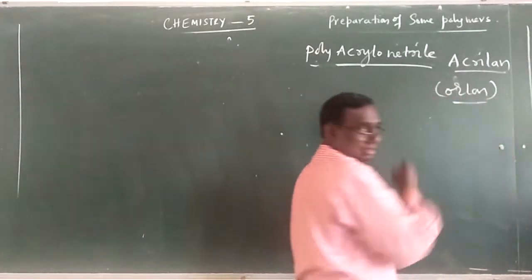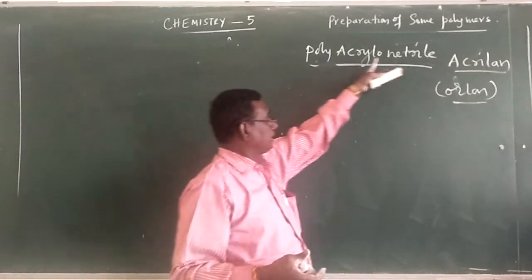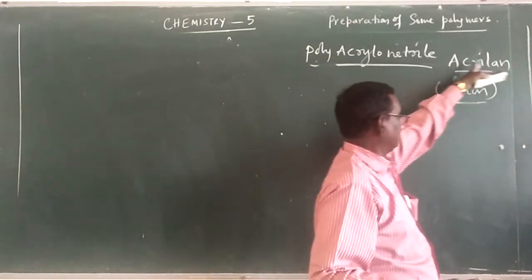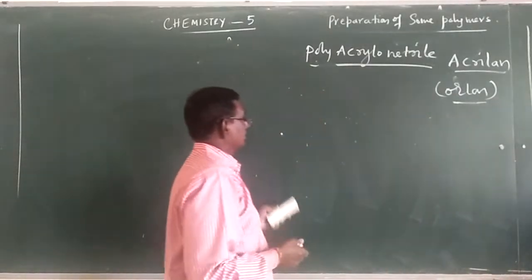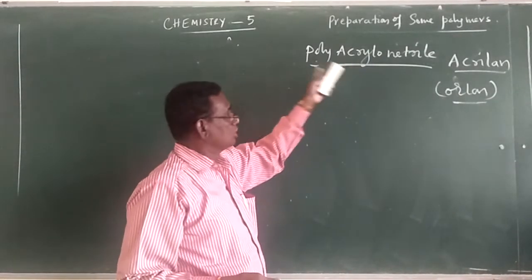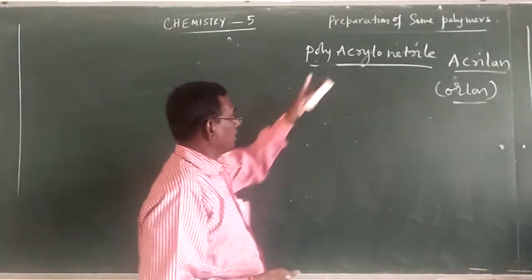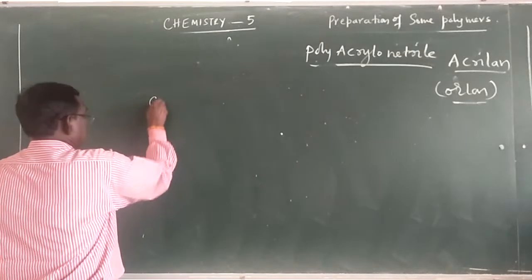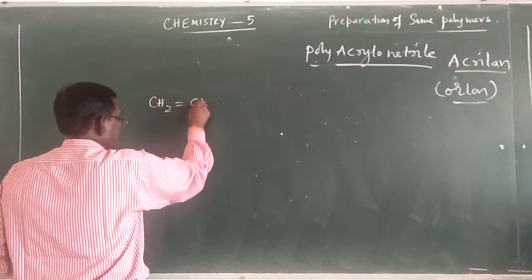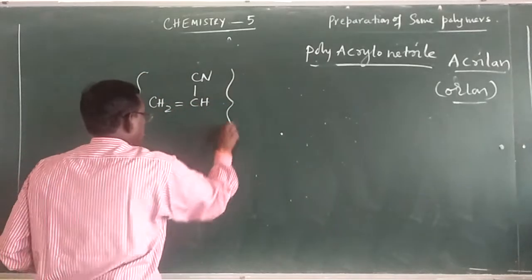Acrilan or Orlon. So that is a polymer. Actually, this polyacrylonitrile is obtained by addition polymerization of acrylonitrile. What is acrylonitrile? That is CH2 double bond CH single bond CN. So this is acrylonitrile.